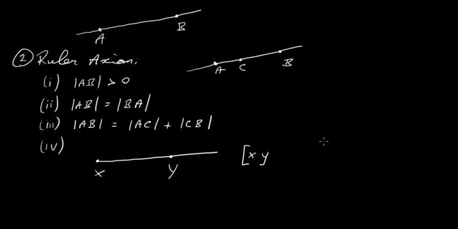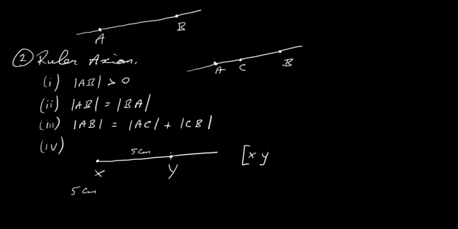Now, if we take any distance on this ray, for example 5 centimeters, and we measure the distance 5 centimeters from X, let's say the distance XY is 5 centimeters. So this distance here is 5 centimeters.